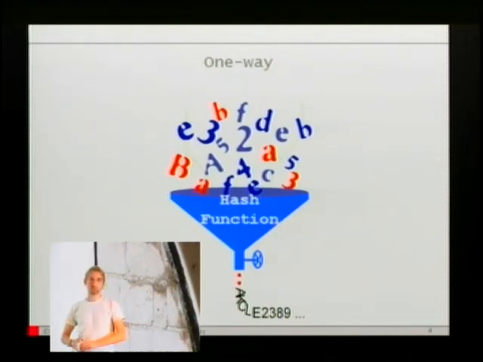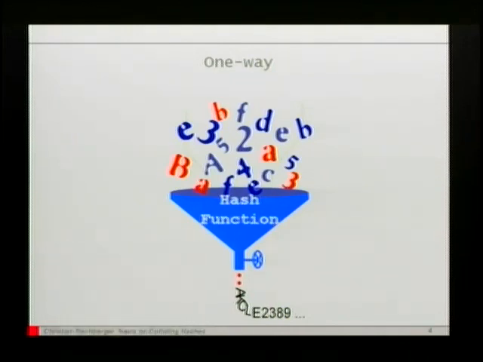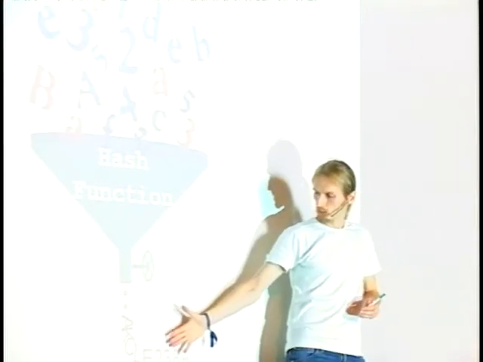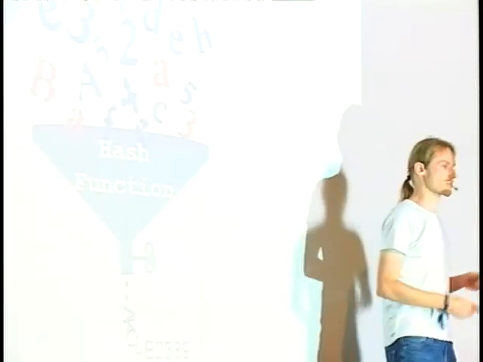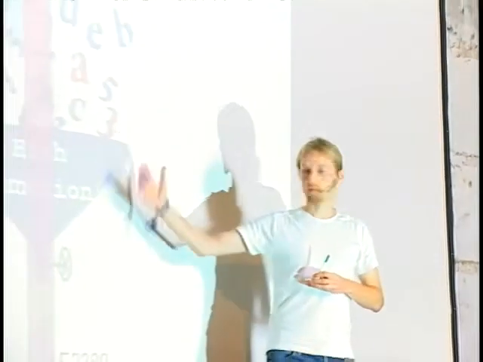The one-way property of a hash function. Well, this is our hash function. It accepts inputs of arbitrary length, outputs something of fixed length. It's called hash value, digest, fingerprint, whatever. And now it should be difficult to invert this hash function. It should be difficult to go back.